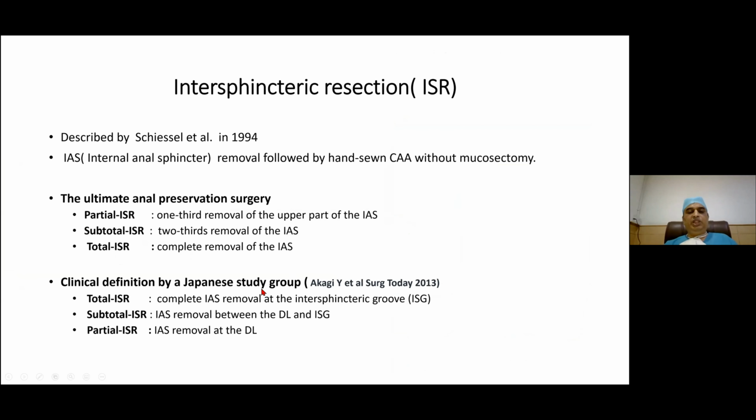But we follow the Japanese classification: partial when we remove up to the dentate line, and if we are going beyond the dentate line, then it is a total intersphincteric resection and we anastomose at the intersphincteric groove.